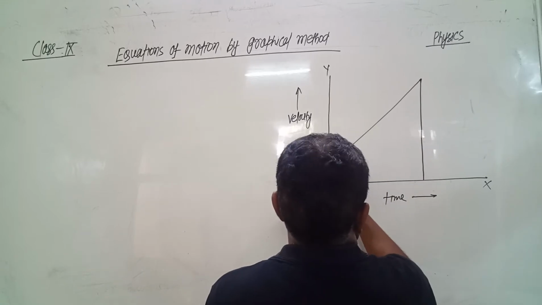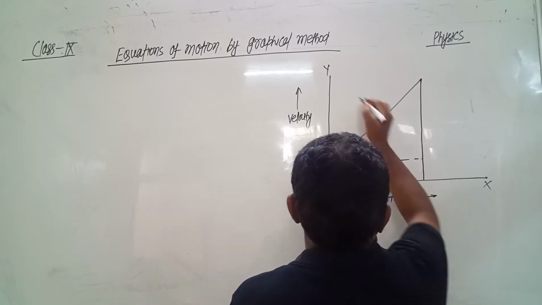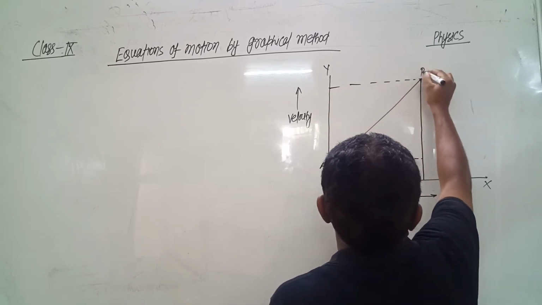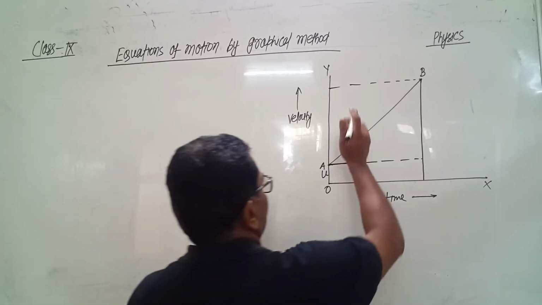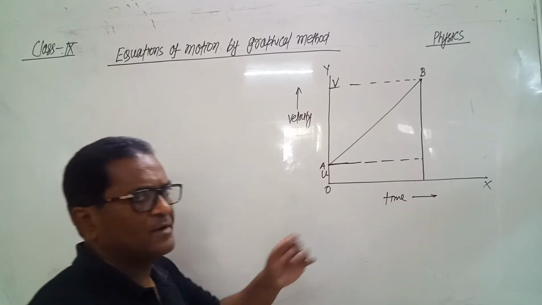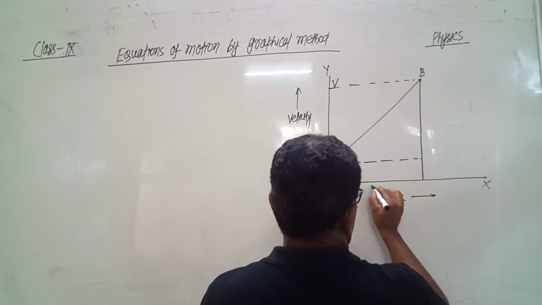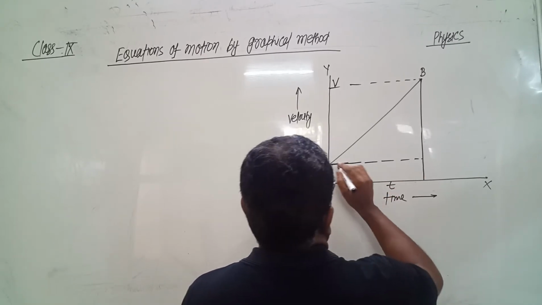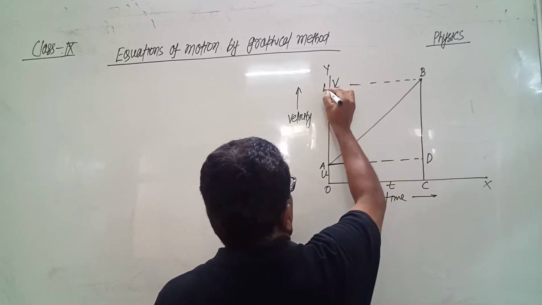When the body reaches point B, its final velocity is v, and at point A its initial velocity is u, and the time taken is t. So this is C, this point is D, and name it E.